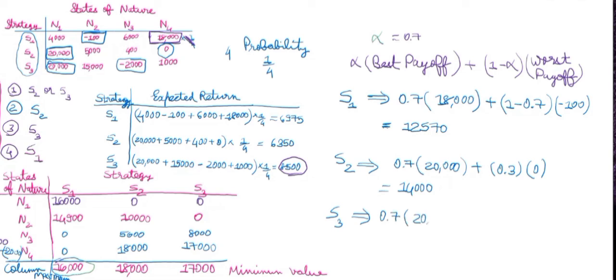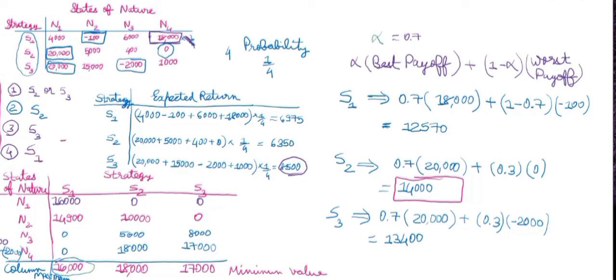And for the third strategy, which is S3, it will be 0.7 into 20,000 plus 0.3 into minus 2,000. So it will be 13,400. Here we have not made any other table. This table we have used is the one that was given in the question.